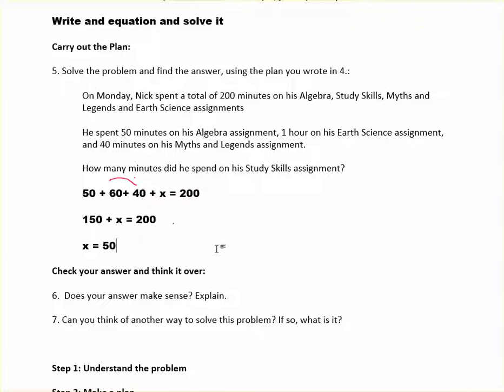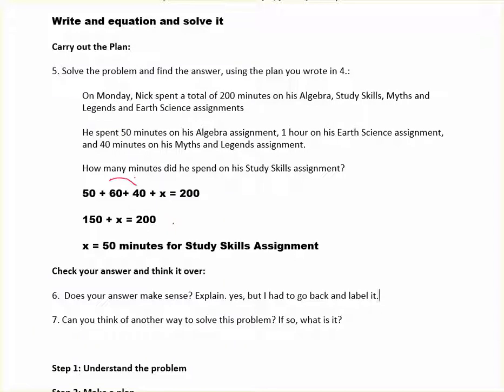Now I have to see if my answer makes sense and explain it. So I should probably also put some units on here. So I'm going to go back and write that 50 minutes for study skills assignment. There, I've labeled it. Yes, but I had to go back and label it because I forgot to do that the first time around.